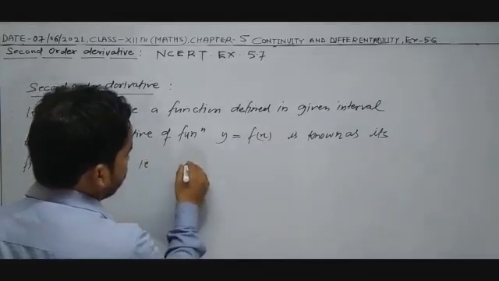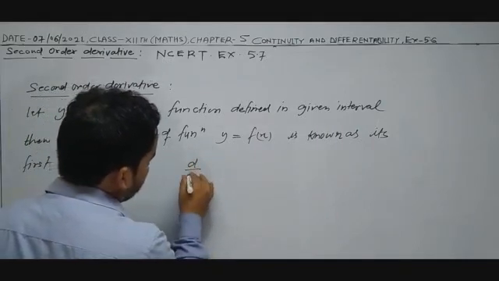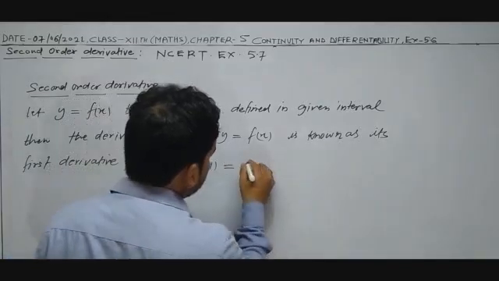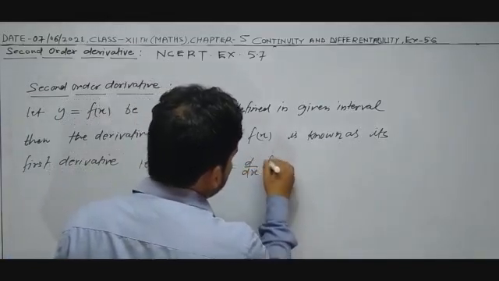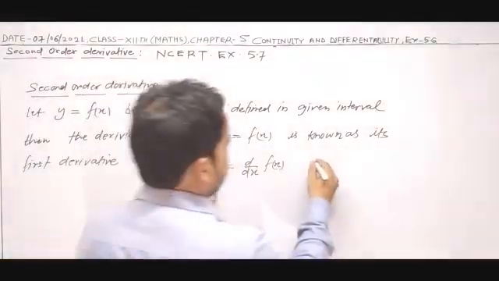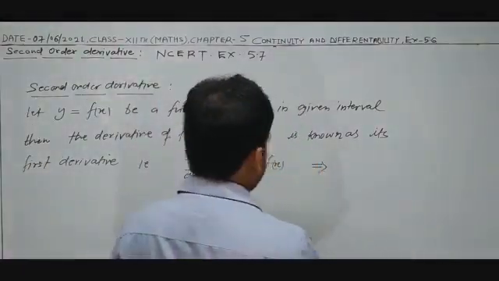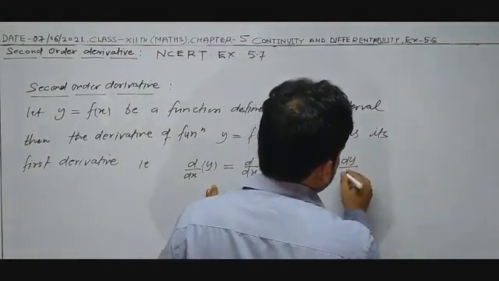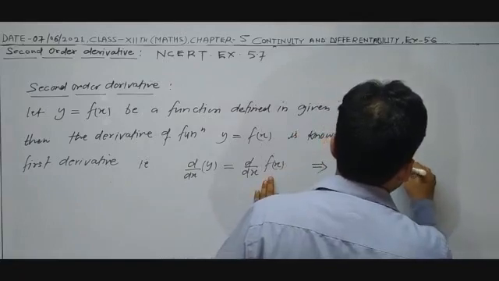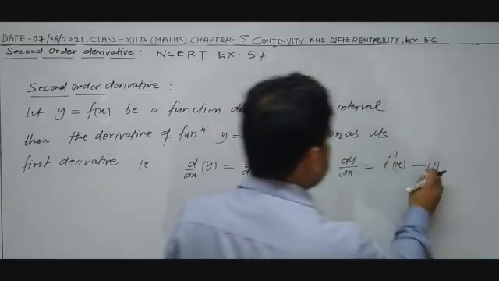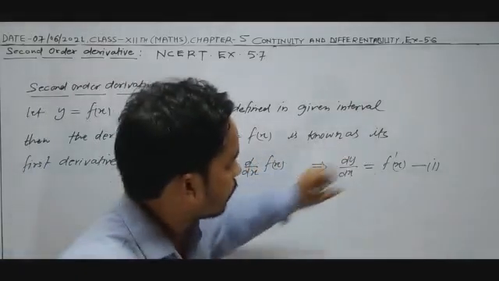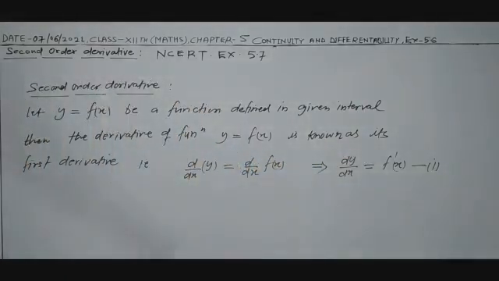That is, d by dx of y implies d by dx of f(x), and you will get dy by dx is equal to f dash x. Consider equation 1. So this is the first order derivative or first derivative. Its derivative order is 1.